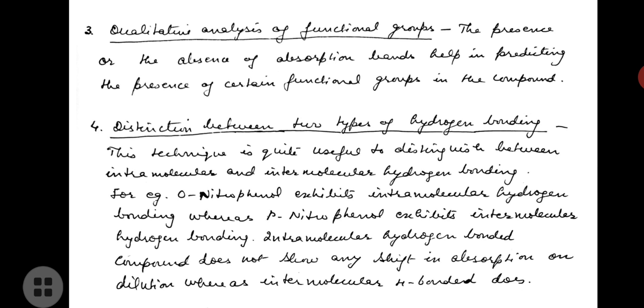For example, ortho-nitrophenol exhibits intramolecular hydrogen bonding, whereas para-nitrophenol exhibits intermolecular hydrogen bonding. Intramolecular hydrogen bonded compound does not show any shift in absorption on dilution, whereas intermolecular hydrogen bonded compound shows a shift. So we can clearly distinguish between them.